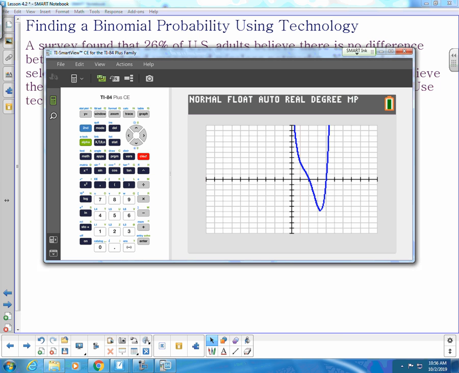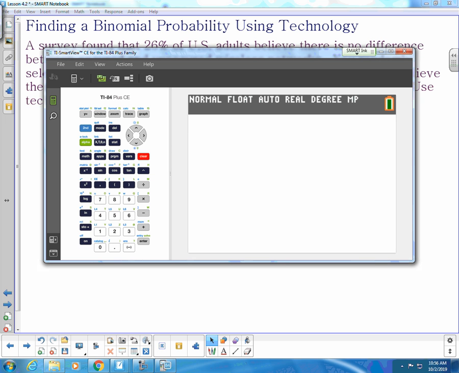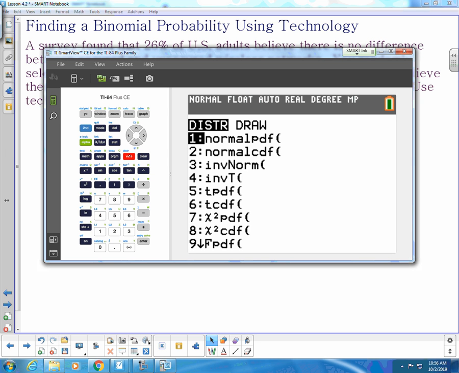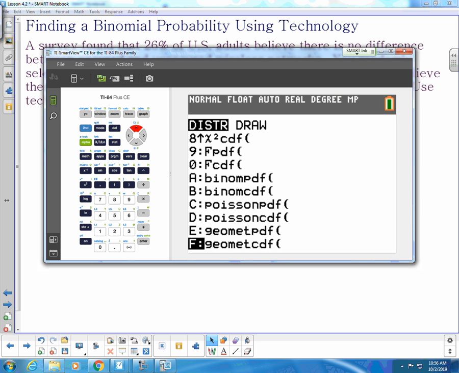Okay, so if you have your graphing calculator, you want to get it out. Okay, we ready? You're going to go to second distribution. Distribution is right here, the bars button. I arrow up because it's quicker. But we want to go to binomial probability distribution. Bree, I'm going to take your watch from you.